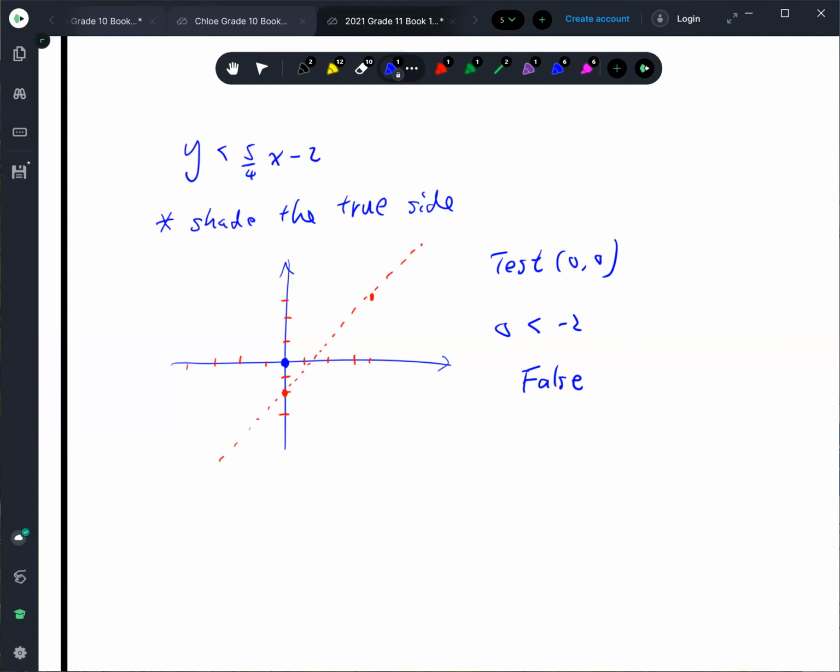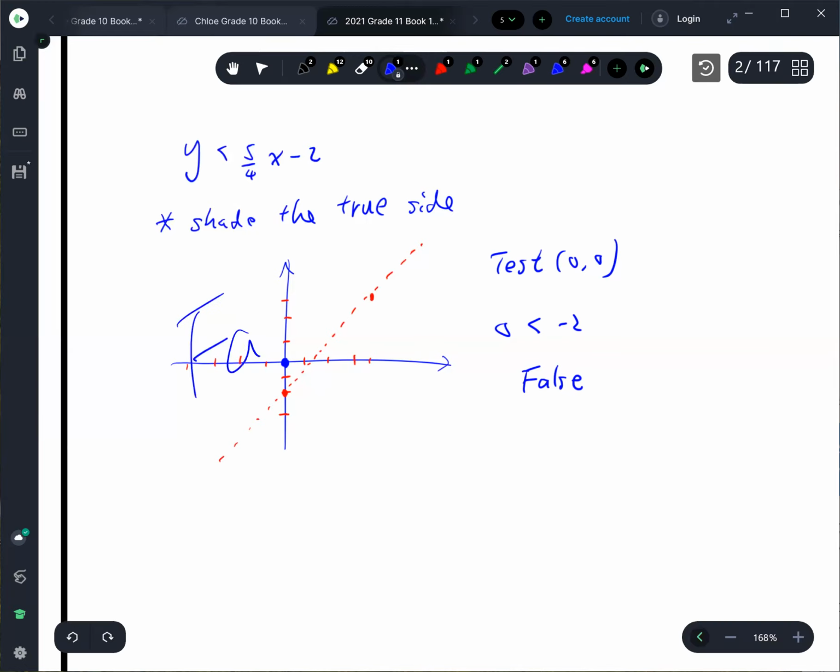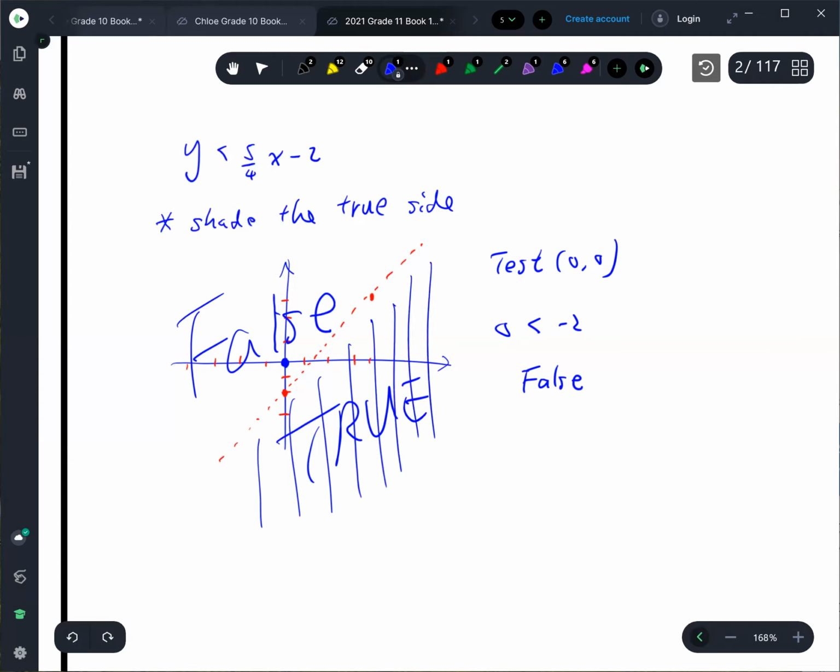If 0 is false, then everything on this side will be false, and everything on the other side will be the true side. Okay, the true side. And make sure this one is a dotted line, right? Dashed line.